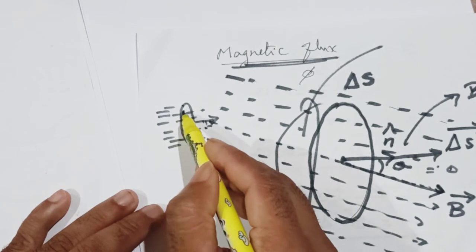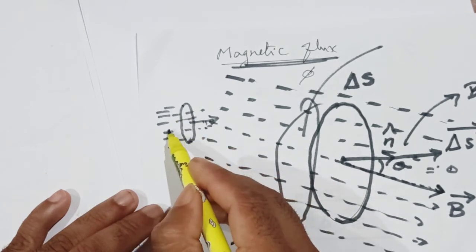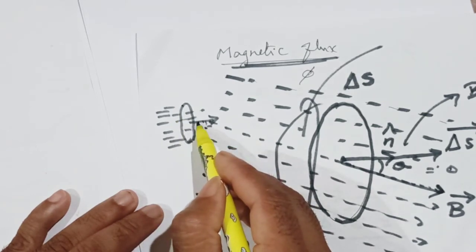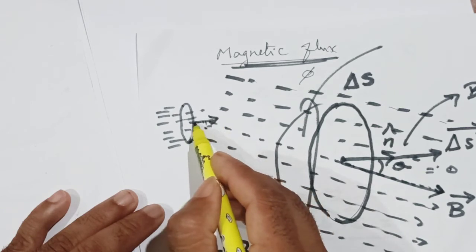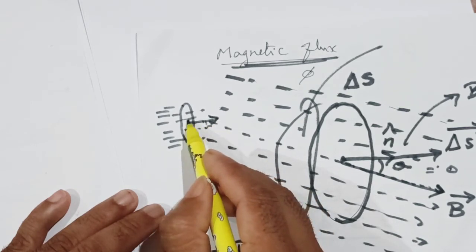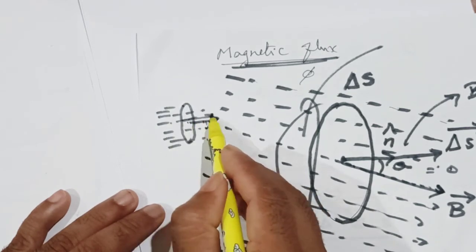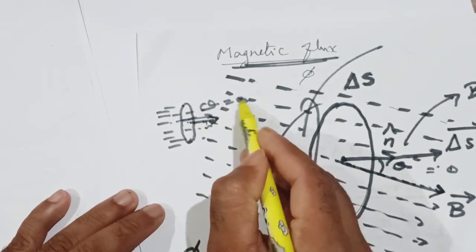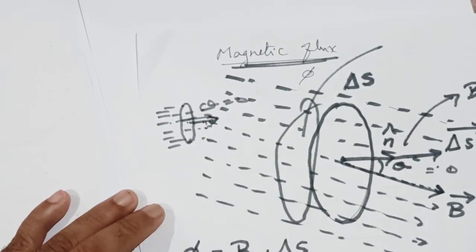So when it is in perpendicular to the field, or we can say that it is parallel to the normal, okay, normal of this plate, in parallel theta is 0, and in parallel we get the maximum.